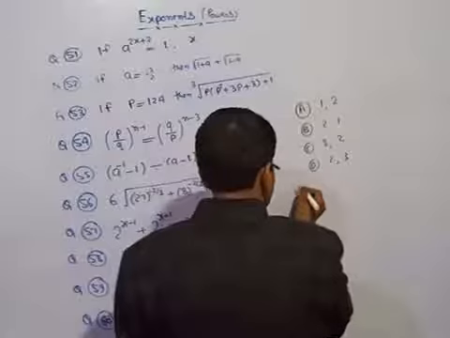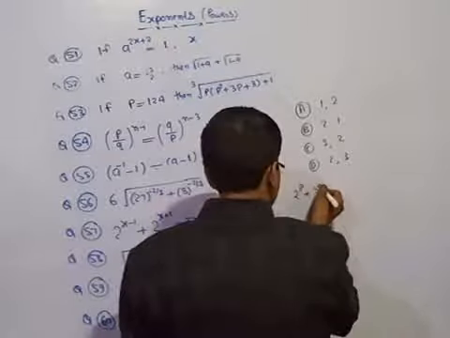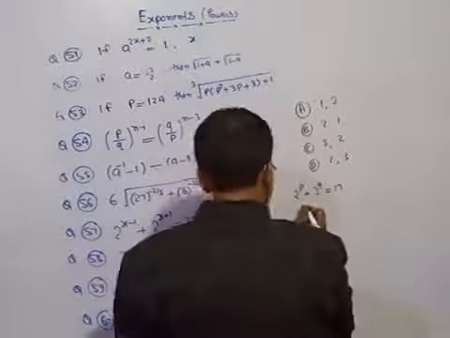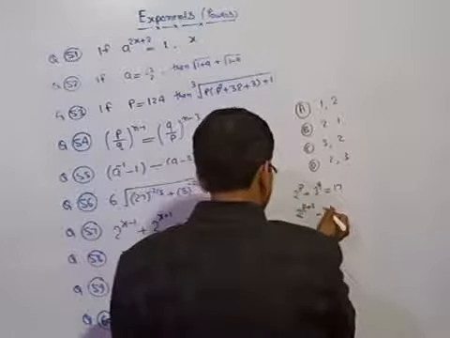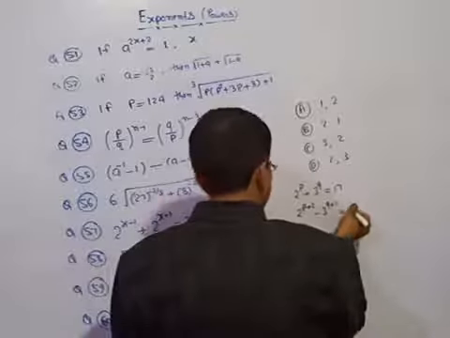The equations are 2 to the power p plus 3 to the power q equals 17, and 2 to the power p plus 2, 3 to the power q plus 1 equals 5.